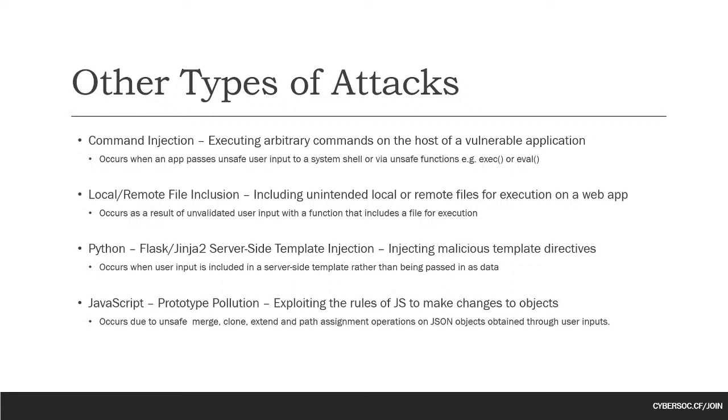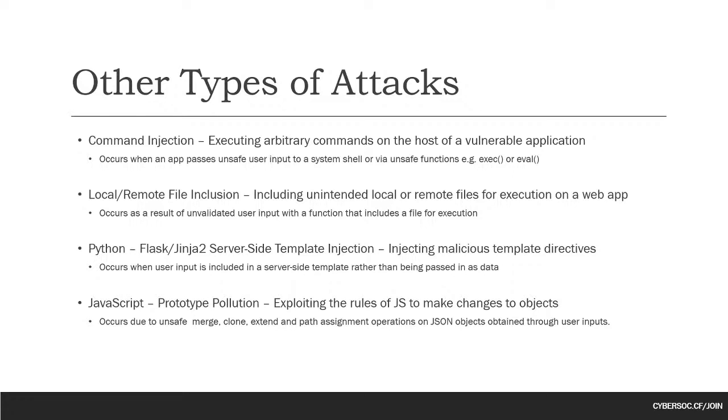This basically tells the template engine to perform a specific command, whether it be just displaying something as a proof of concept, or dumping the secrets like API keys, which is obviously very bad. If you've ever accidentally uploaded an API key to GitHub, you'll know that's bad. It occurs when user input is included in the template rather than being passed in as data.